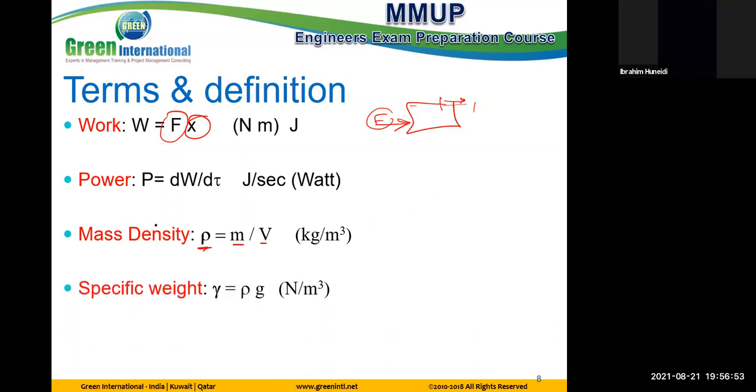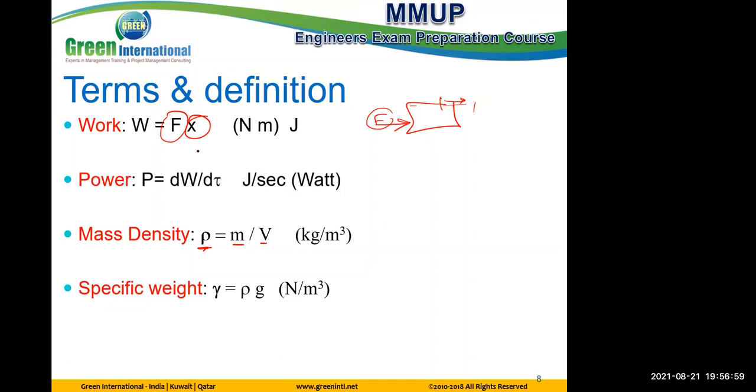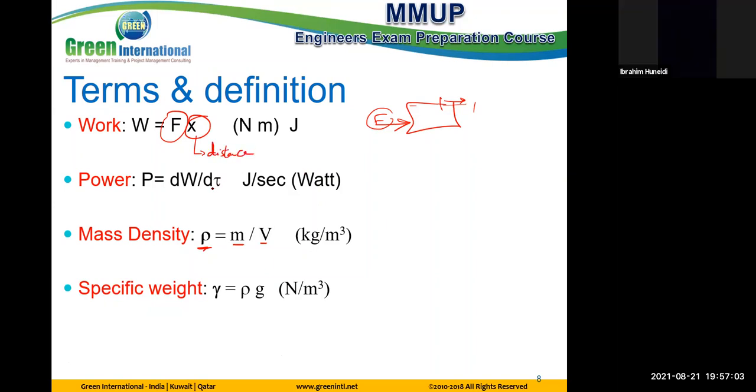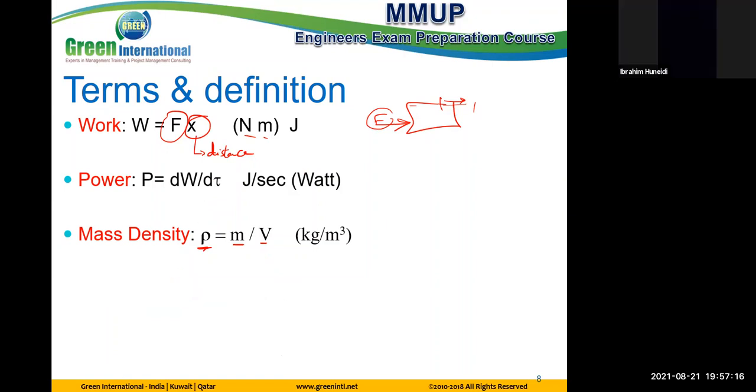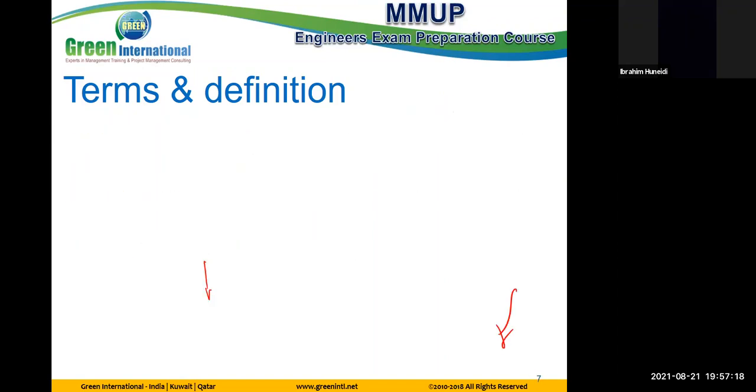Excuse me. Okay, Work. yes. Work is F multiplied by X. X is a Distance. distance. And it's Newton meter, the unit. Yes. Or Joule, equal Joule. Yes. Joule is the British, yani. No, SI. This is I. So Newton meter also. Yes, it is British.